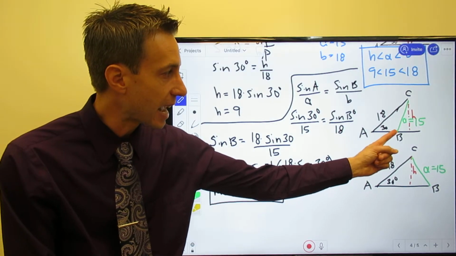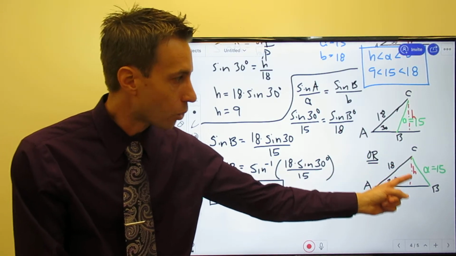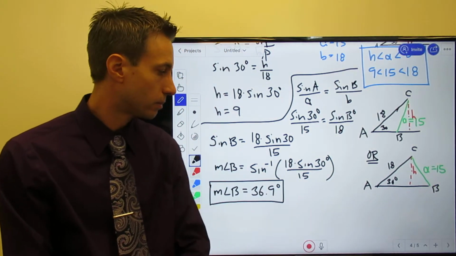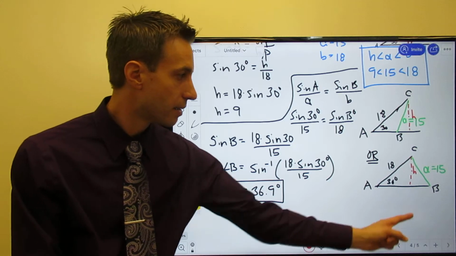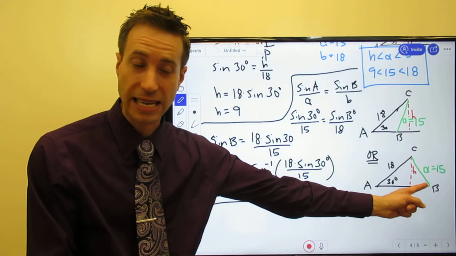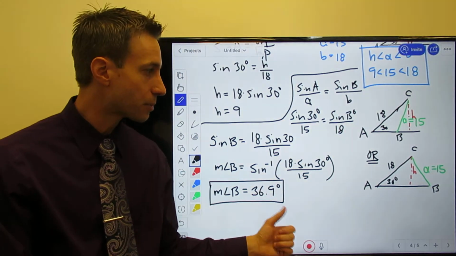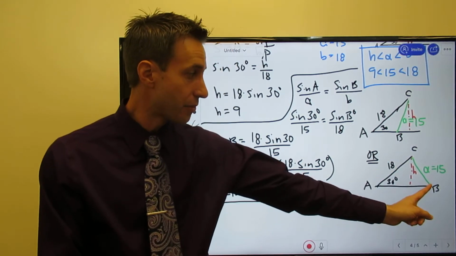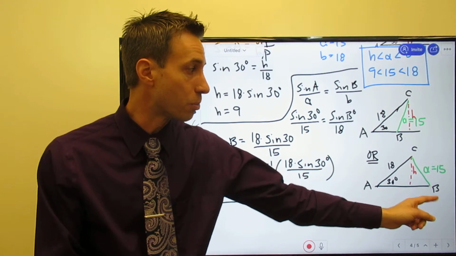So did I find the angle of B in this one? Or did I find the angle of B in this one? Yeah, this is the angle that's less than 90 degrees. So I just found 36.9 goes with this possibility down here, that guy right there, the measure of angle B.